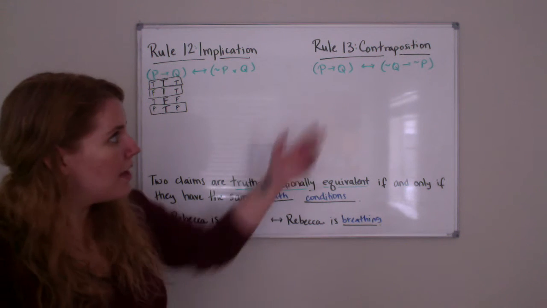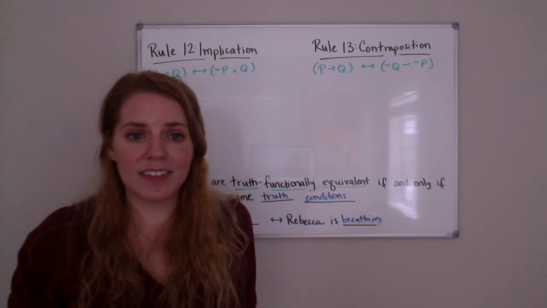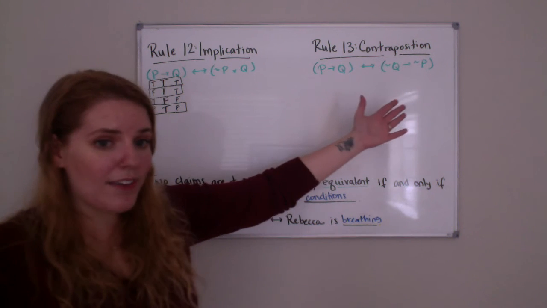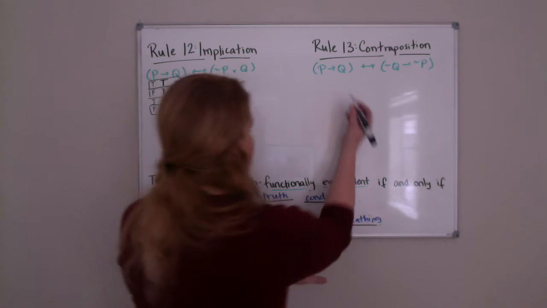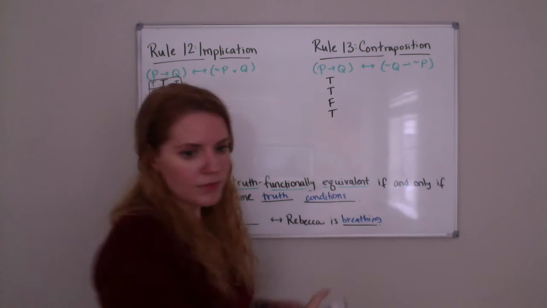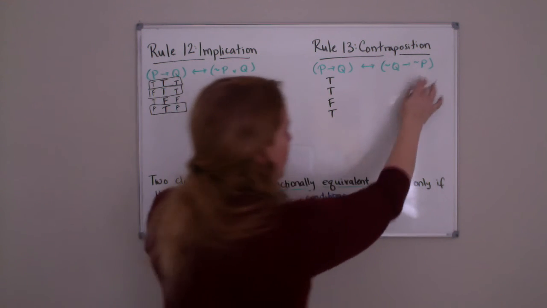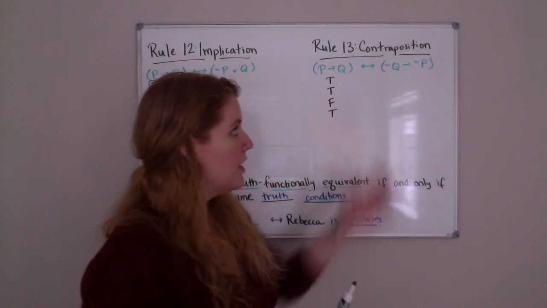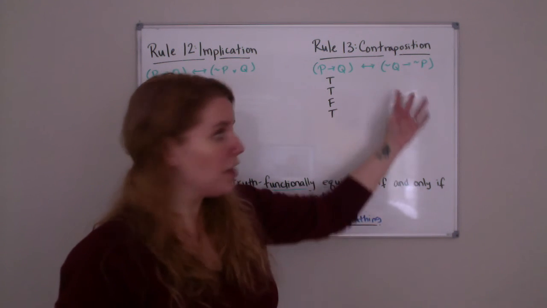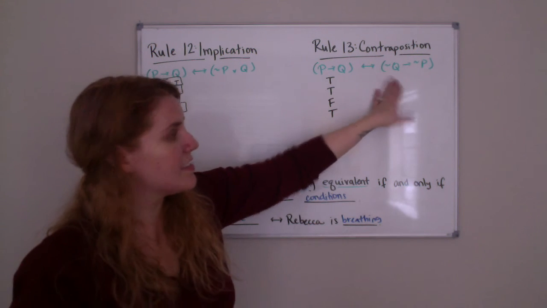Q. What about contraposition? Well, contraposition I put up here mostly because I wanted to point something out to you all. It's true that we're going to have the same truth table here, and we can do that first. So we have true, true, false, true for if P then Q. And then for not Q and not P, remember, we're going to put in the same pattern for Q and P here, no matter where they are in this claim, because we're trying to compare the same variables.